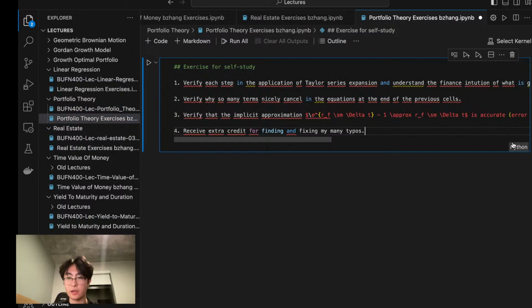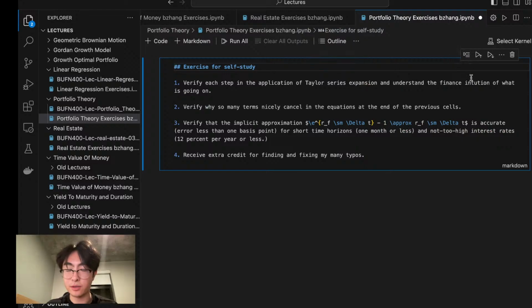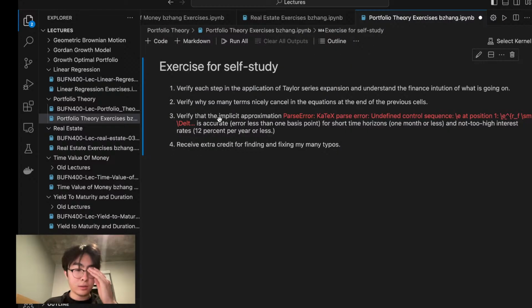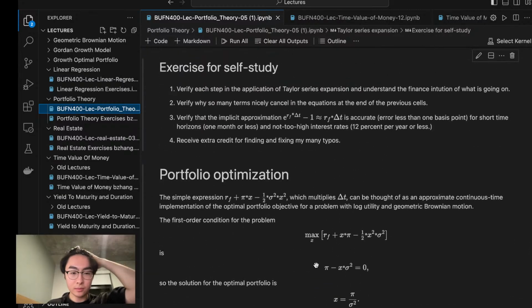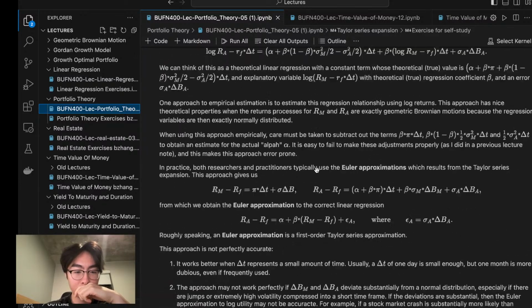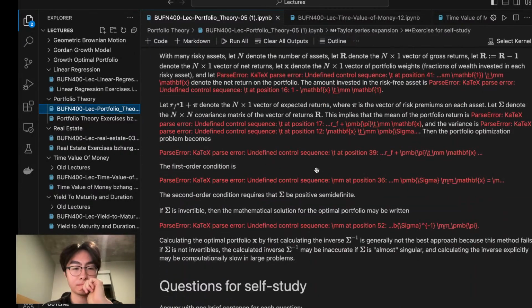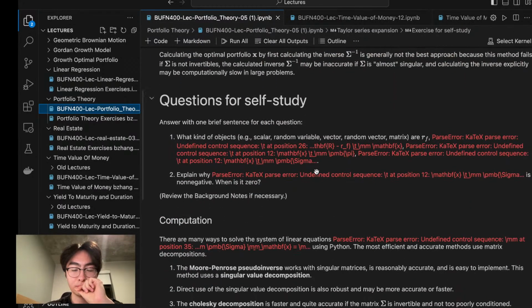Ooh, yeah, this Taylor series expansion seems like it's gonna be pretty hard. Ooh.